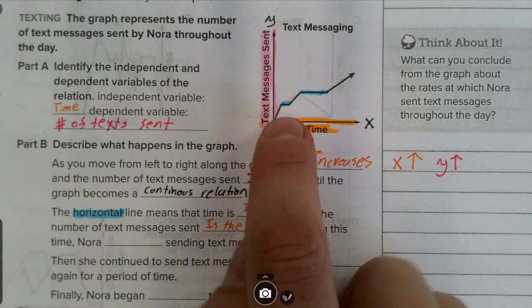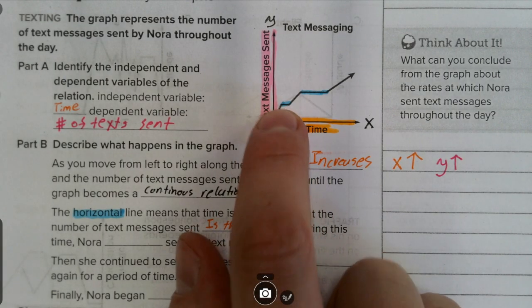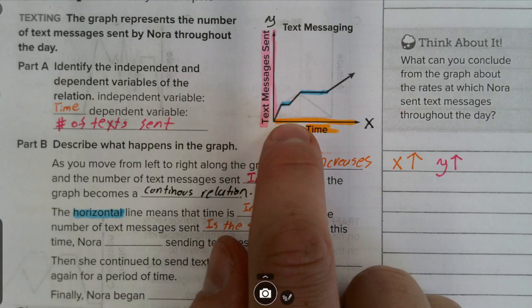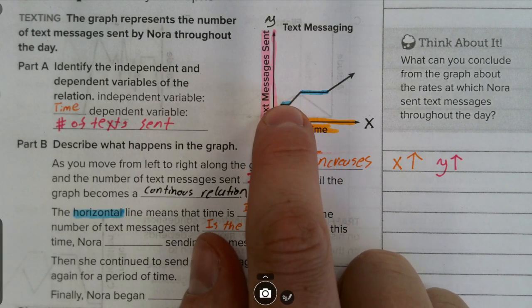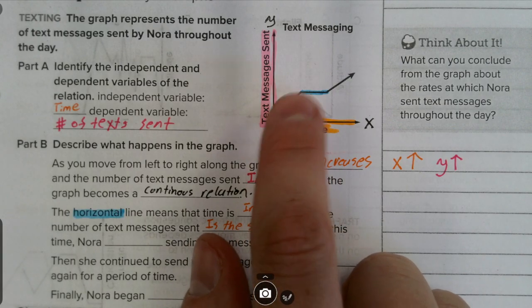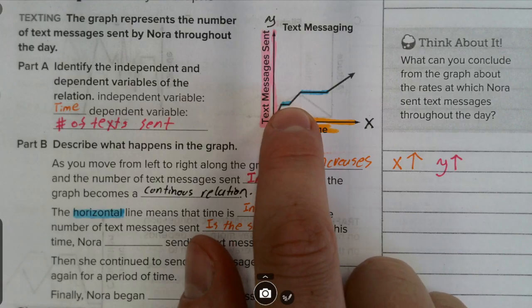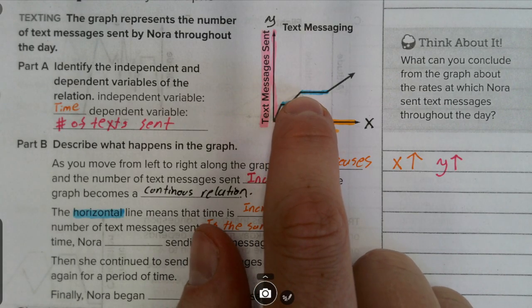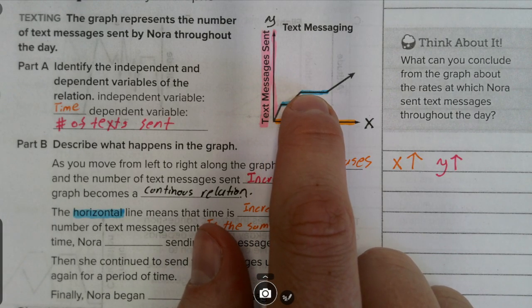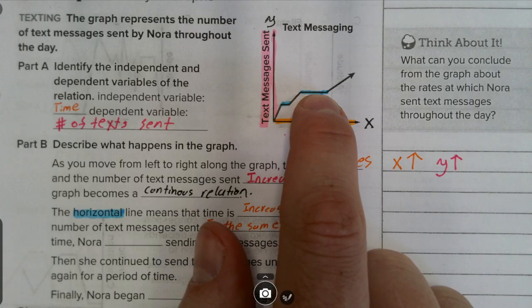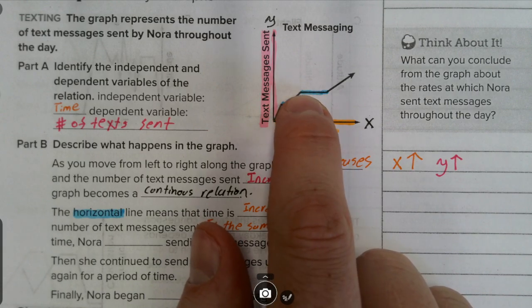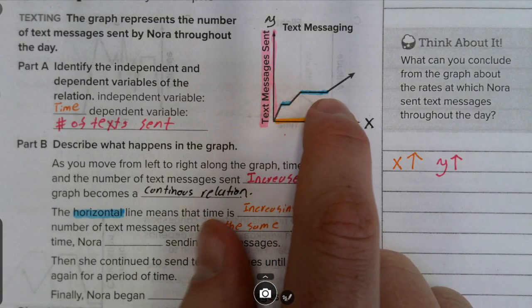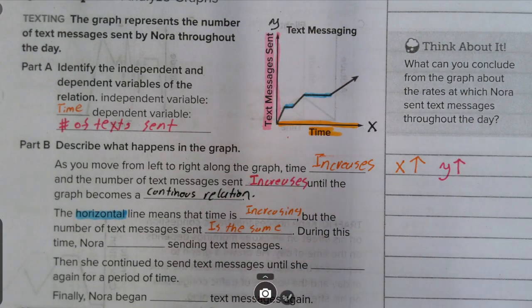So during here, let's say you sent 5 text messages, and then time passes and you haven't sent any more. So this is going to keep going with every second you don't do another text message. Then you send a couple more text messages, you're on your new one. And then let's say this is 9, you're at 9 text messages, you're still at 9, you're still at 9, then you start blowing up someone's phone.